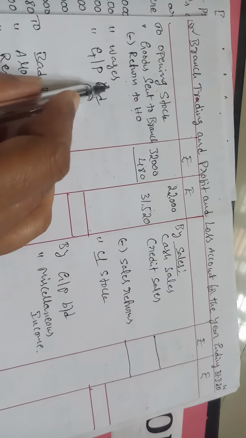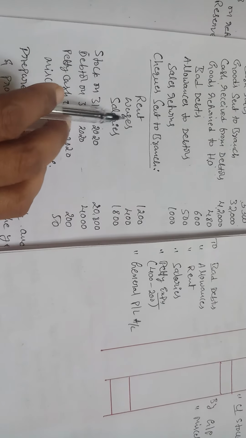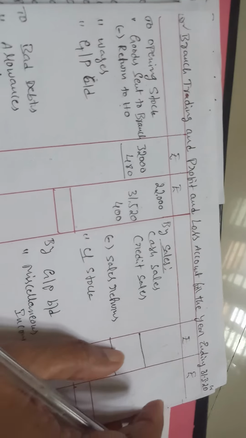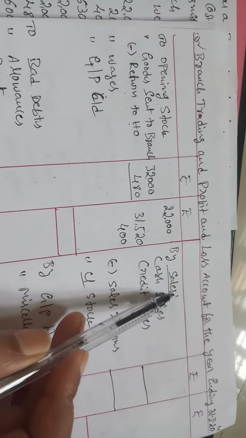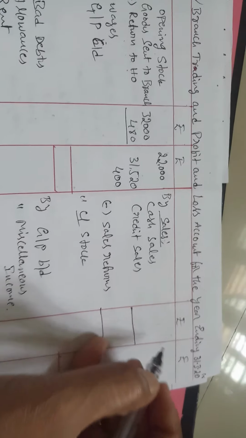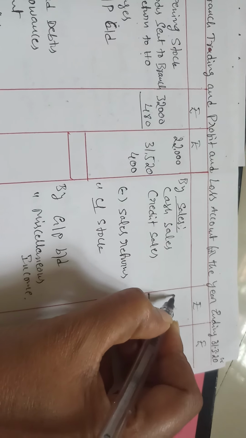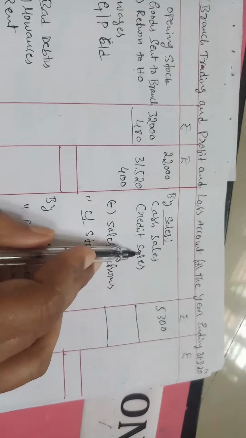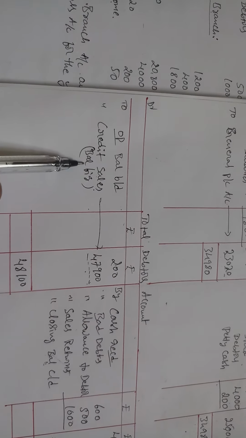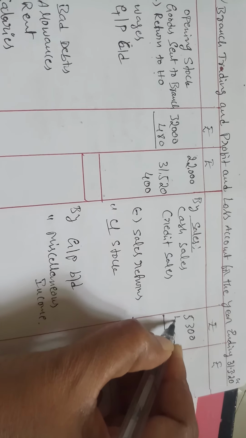Next, wages. Wages is given in the problem, so I'm entering 400 rupees. Next, dividing cash sales and credit sales. Cash sales given in the problem, 5,300. Credit sales, the balancing figure we got, 47,900 rupees.